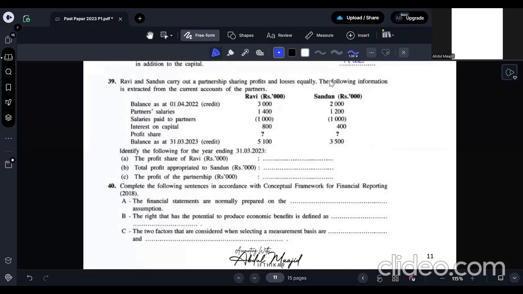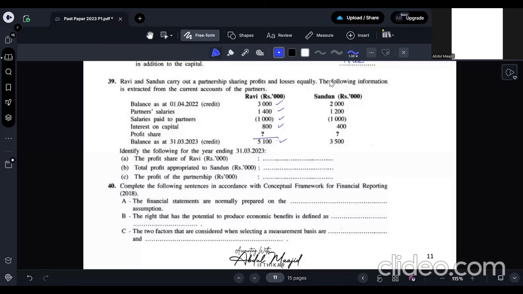Following information is extracted from the current account of the partners. Profit share of Ravi. Now, how do you find the profit share? They have given the opening balance, partner salary, salary paid amount, and the interest on capital and closing balance. Now, how can you find the profit share?